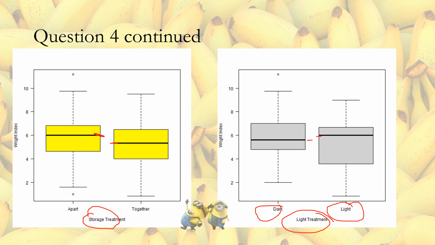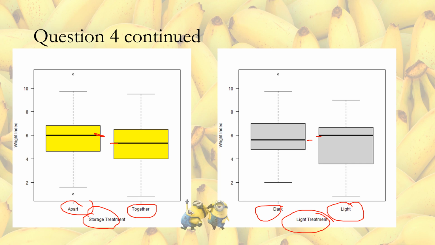And for the storage treatment, the apart variable had a p-value of 0.16, while the together had a p-value of 0.93. Since all of the p-values are greater than 0.05, that means all of the variables are normally distributed.